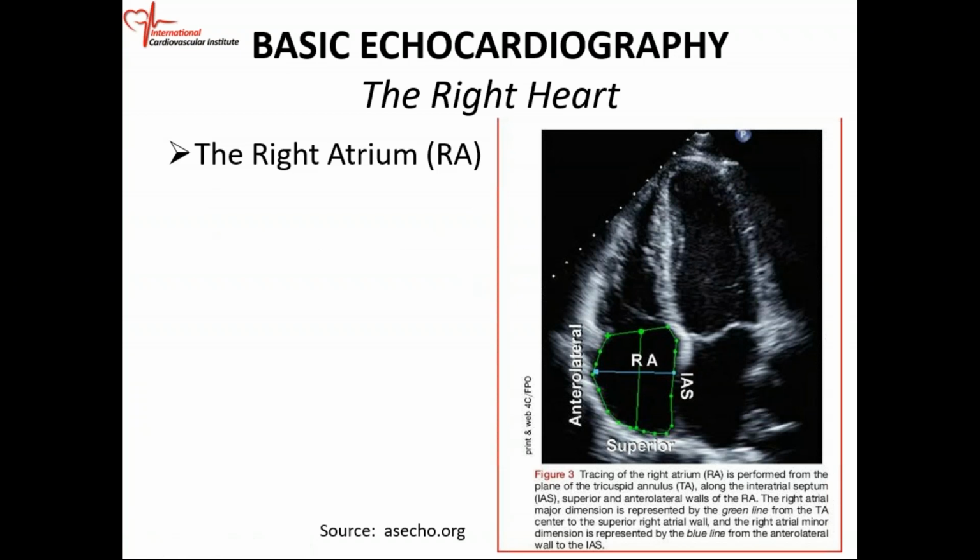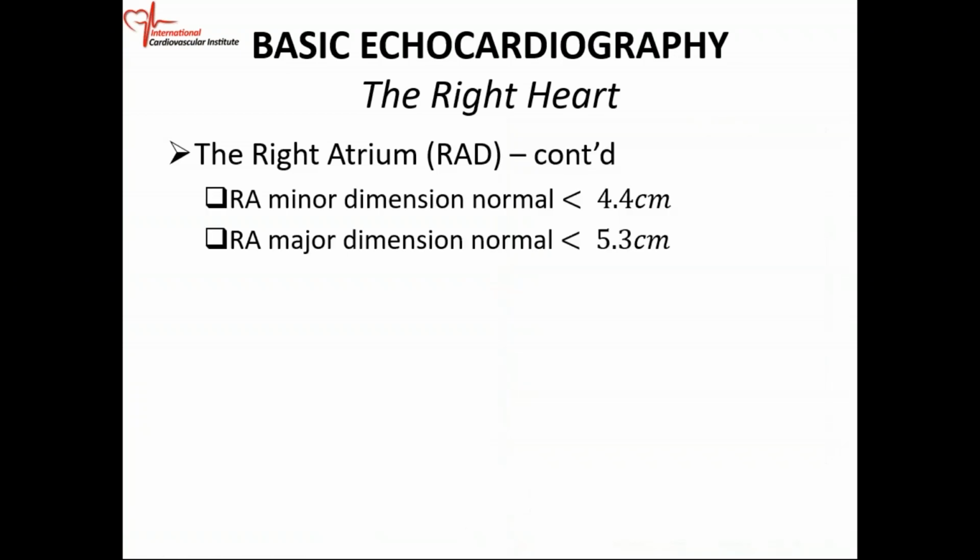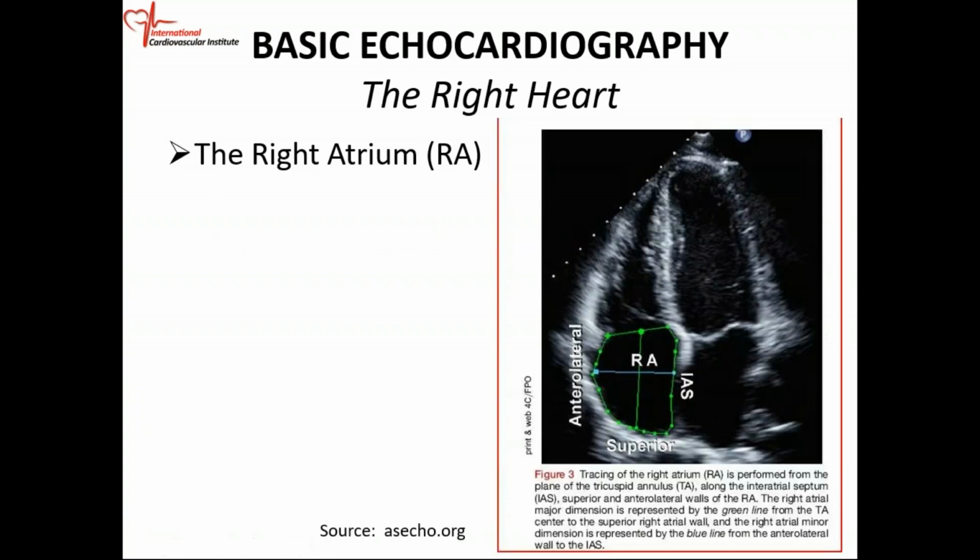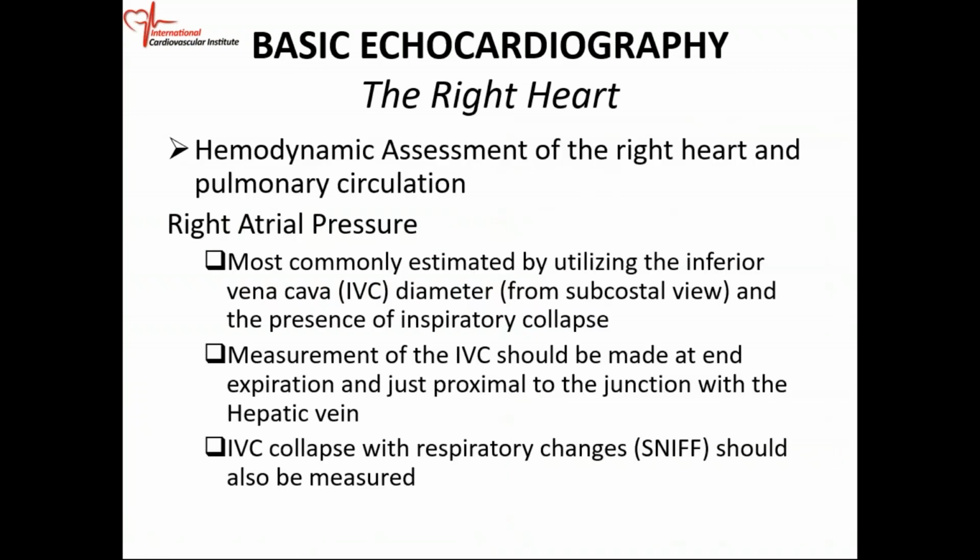But the thing that you have to definitely record is the area. Okay, so if the minor dimension is greater than 4.4, the right atrium is enlarged. If the major dimension is greater than 5.3, but the important thing is the area. Okay, so you should be reporting the area of the right atrium. That's important.